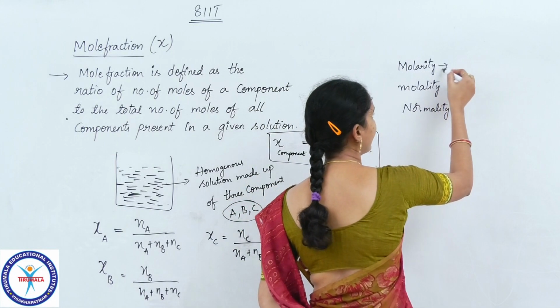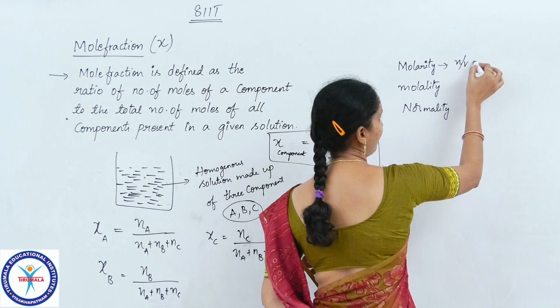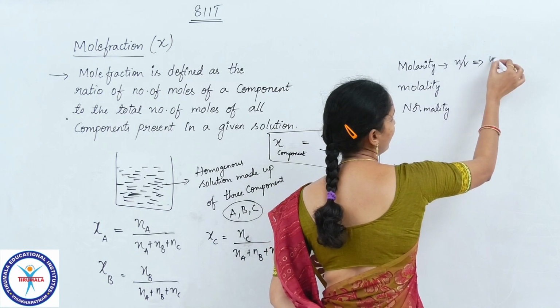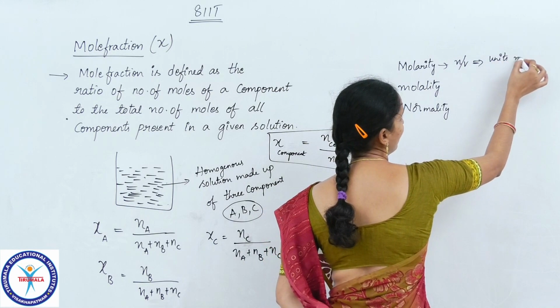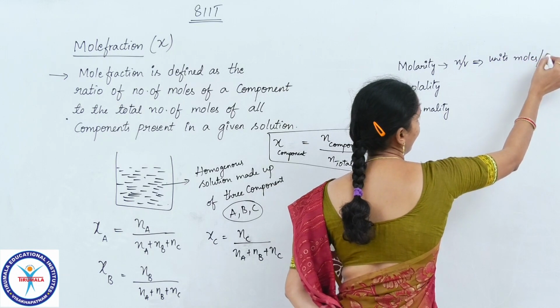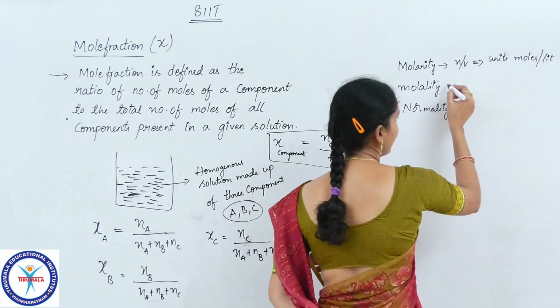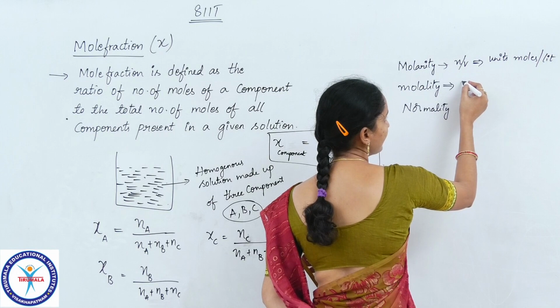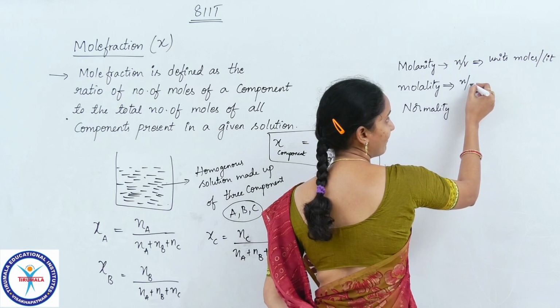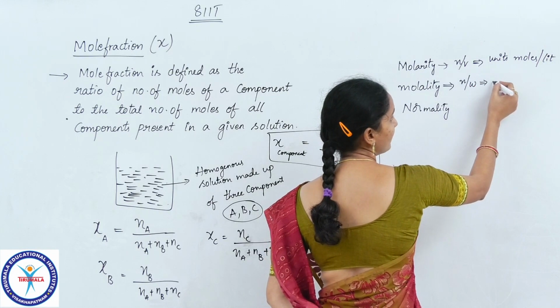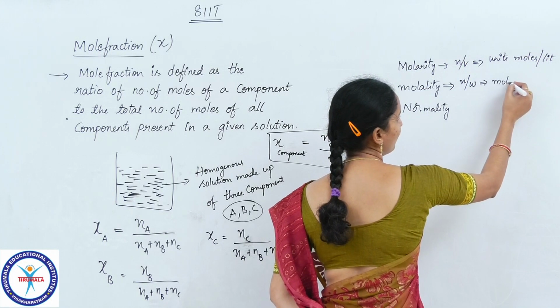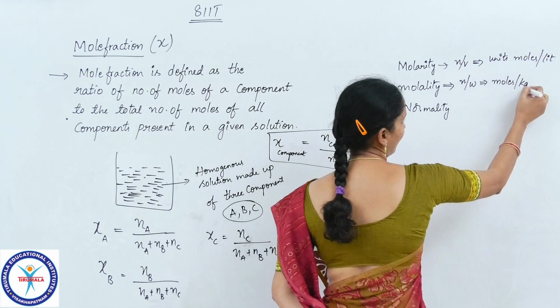When coming to molarity, it is number of moles upon volume. So what are its units, children? Moles per liter, as we have already discussed. Molality is number of moles by weight, so the units for molality are moles per kg.